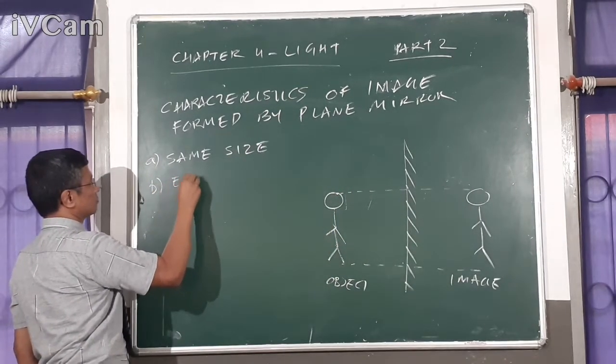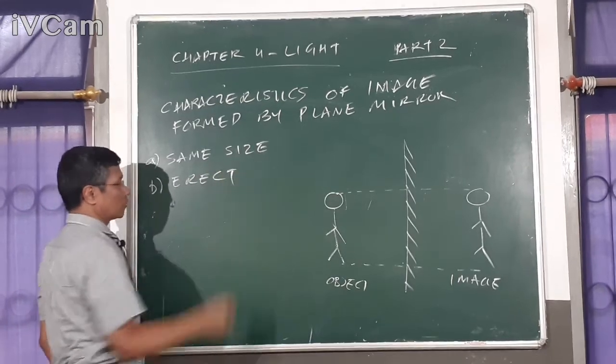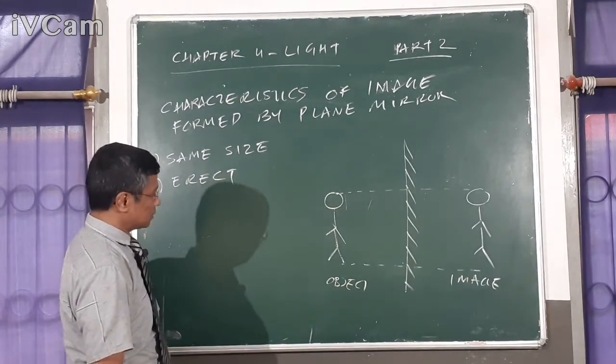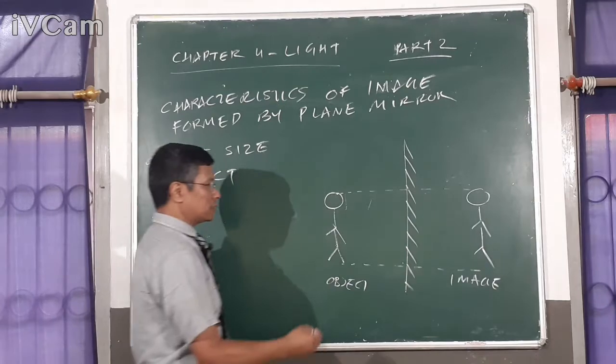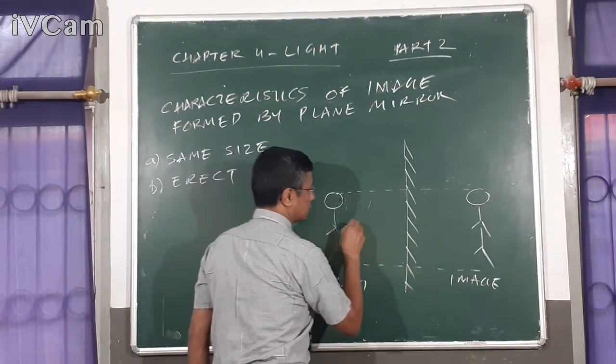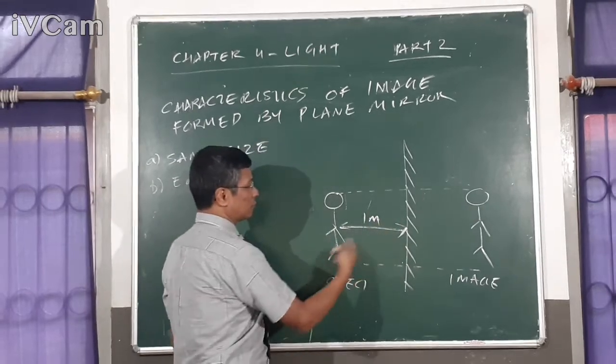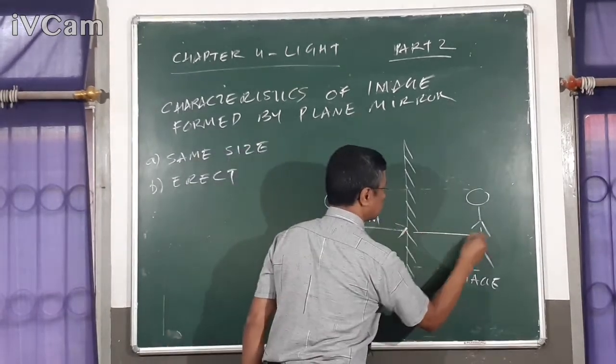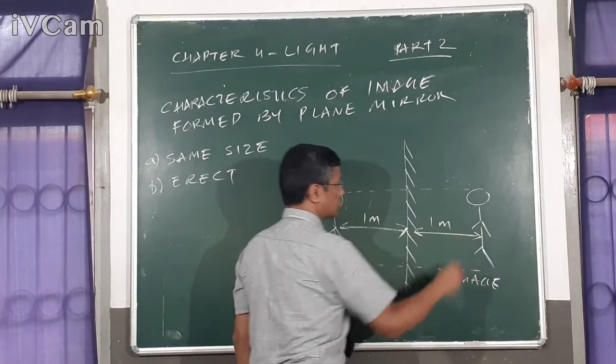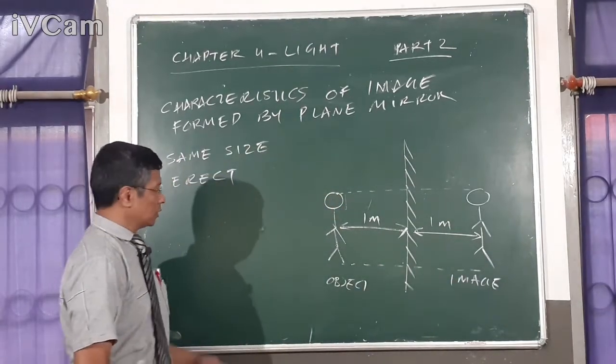The third one is the image distance and the object distance are equal. That means if you are standing at a distance of 1 meter from the mirror, the image will also be at a distance of 1 meter from the mirror.